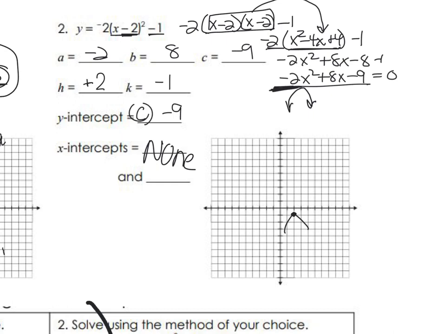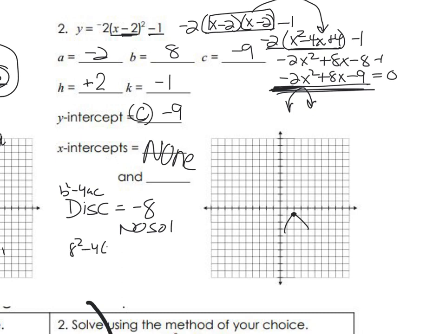And if you put this in quadratic formula, your discriminant would equal -8, which means no solution. Okay? The b squared minus 4ac is your discriminant. So if I did that, you would have 8 squared minus 4 times -2 times -9, which equals -8. So no solution.